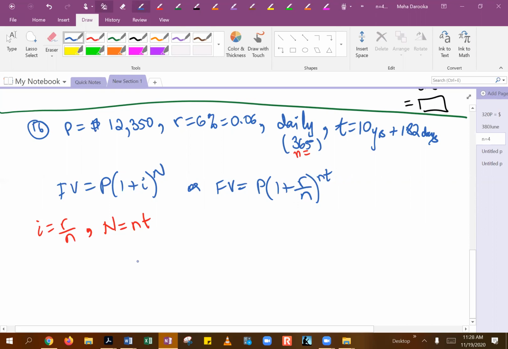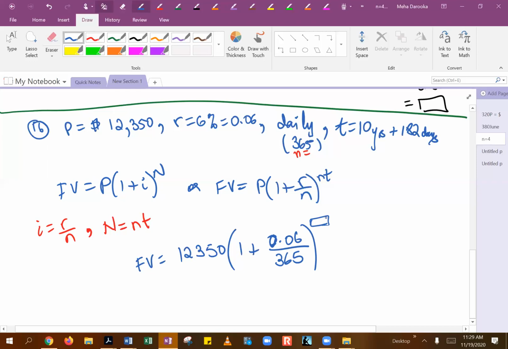So you would be taking your principal of 12,350, multiplying it with 1 plus I is R divided by N, so that is our 6%, so 0.06, divided by our N value, which is of course going to be 365, because that's what our compounding period is. It's daily. And then for your exponent, the NT, that's the calculation we will need to figure out, what this number is going to be.